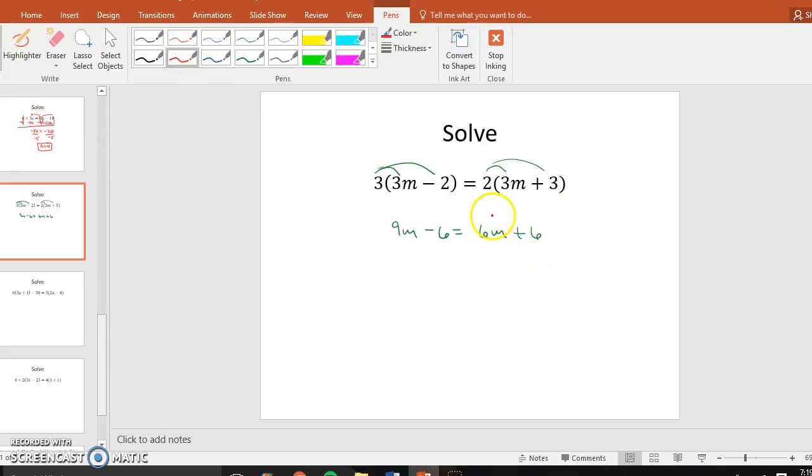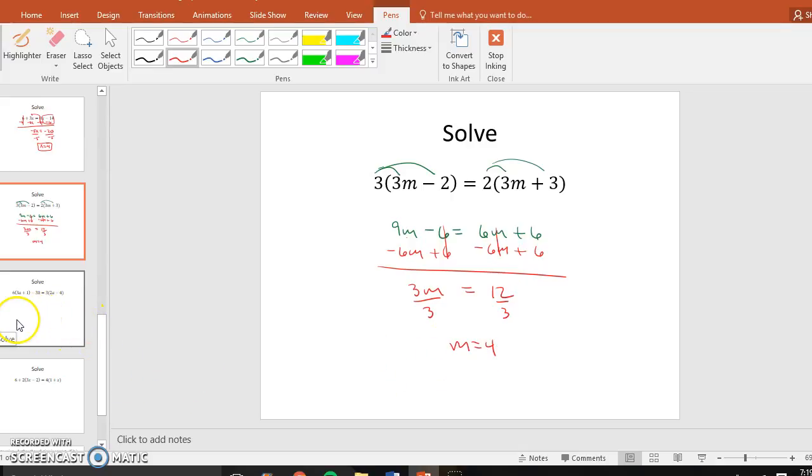Now, I can move variables to the left, line them up under the like terms, constants to the right. 9m minus 6m is 3m. Eliminates, equals 6 plus 6 is 12. Divide by 3, m is equal to 4.